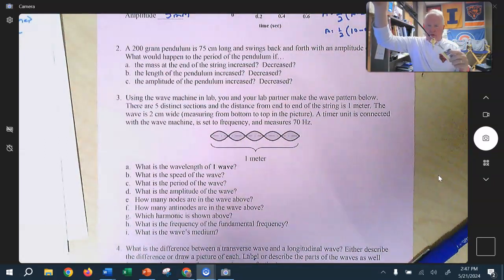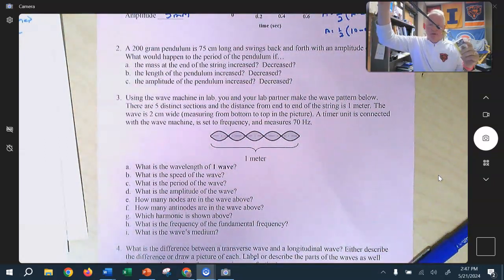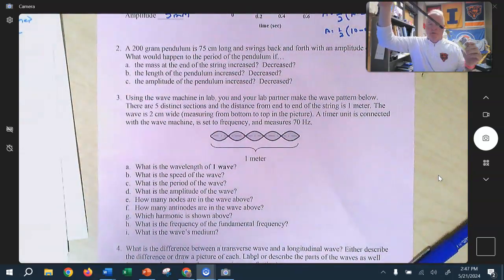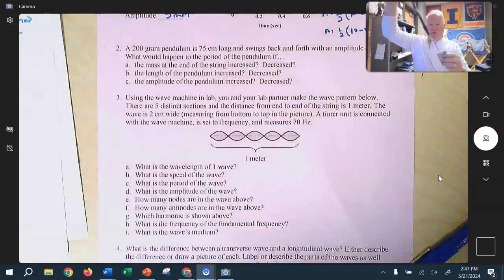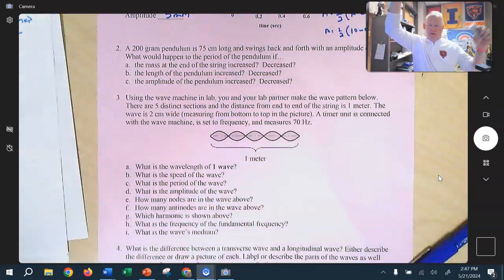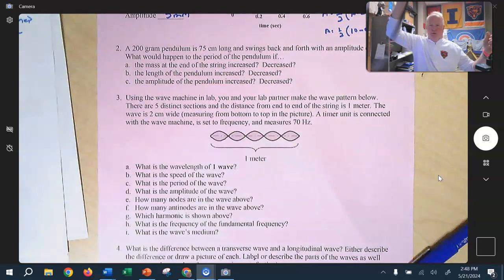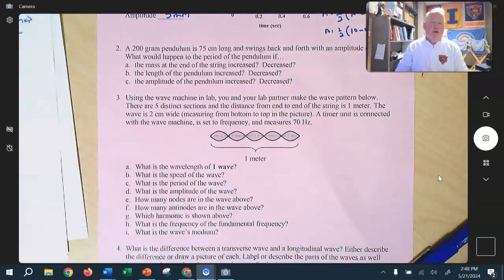Gravity will pull harder on something that's heavier and make it go at the same rate. So if we change the mass on the pendulum, nothing changes. If we change the amplitude, so we go from here to here, that's not going to change either, because gravity is going to make it go faster since it's got a bit further to fall. It's got the energy.